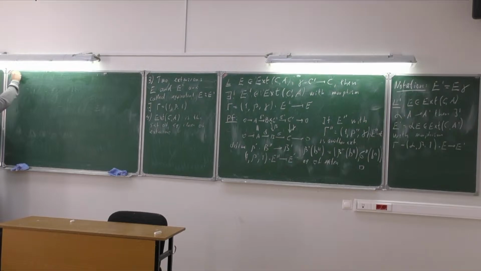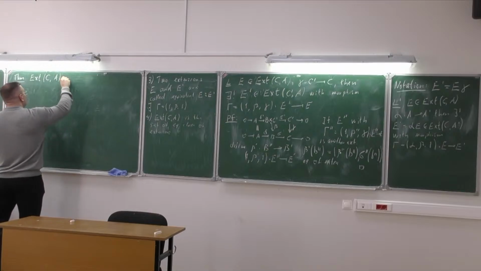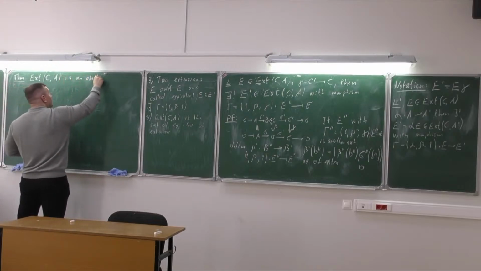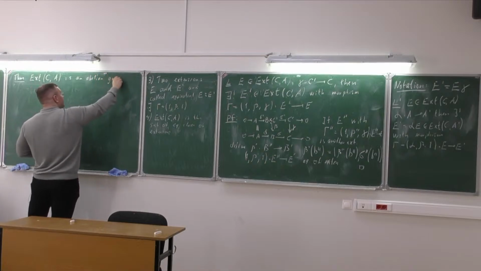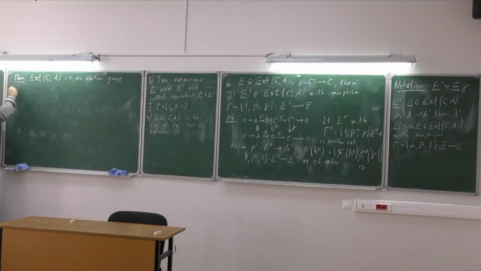Okay, so theorem. The set of all equivalence classes of the extensions is an abelian group. And the formula for the addition of two extensions is the following.